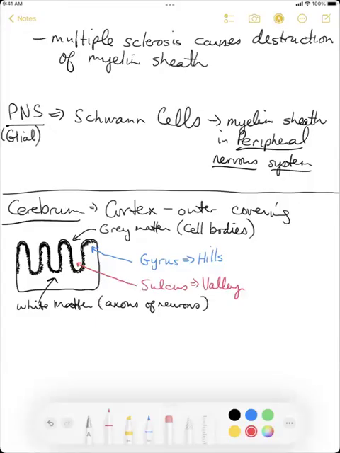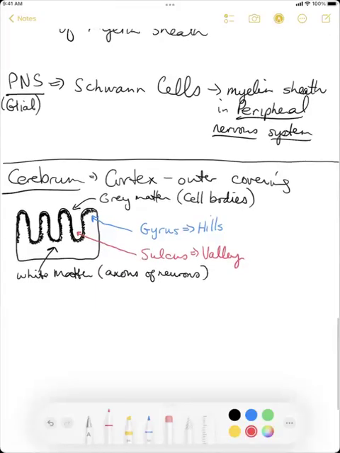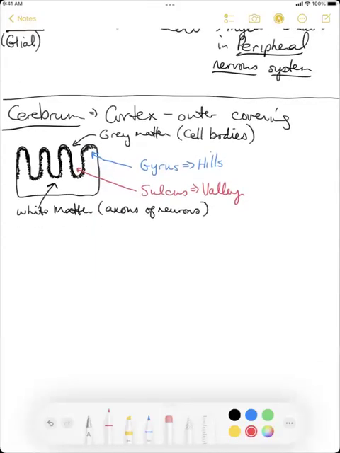And there actually are a few regions within the brain that have these valleys that extend very deep within the brain itself. And these are referred to as deep sulci. The deep sulci are also referred to as fissures.